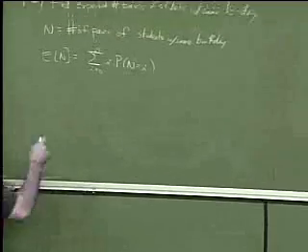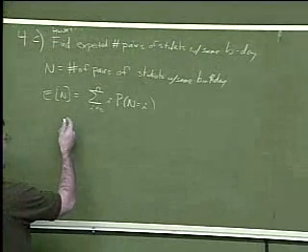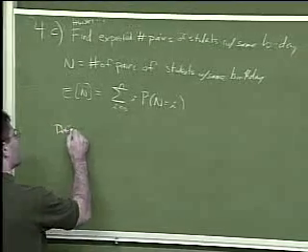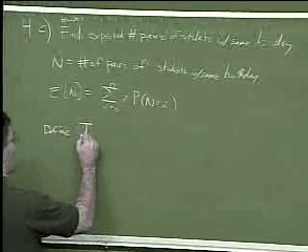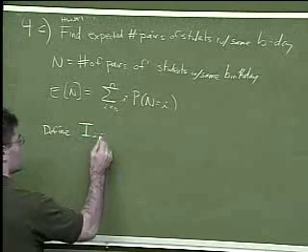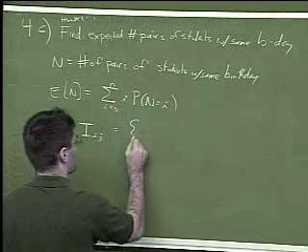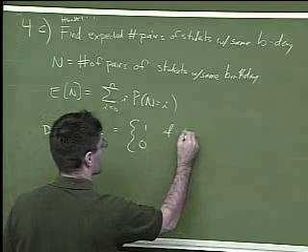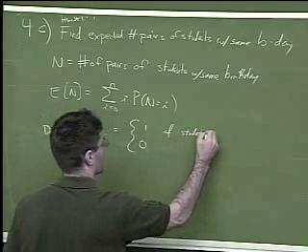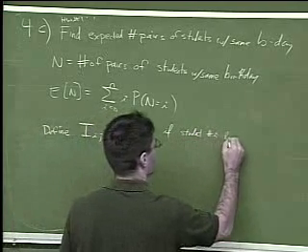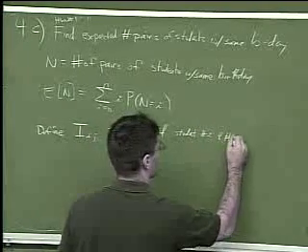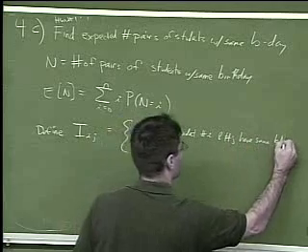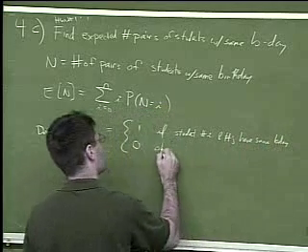Okay, so the hint is you're going to define another random variable, I of ij. Okay, it's an indicator. It's going to equal 1 or 0: 1 if student number i and student number j have the same birthday, and 0 otherwise.